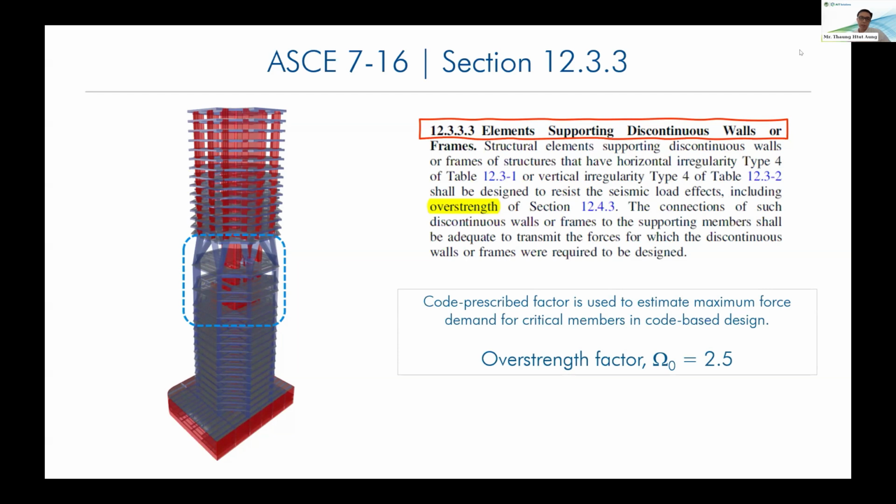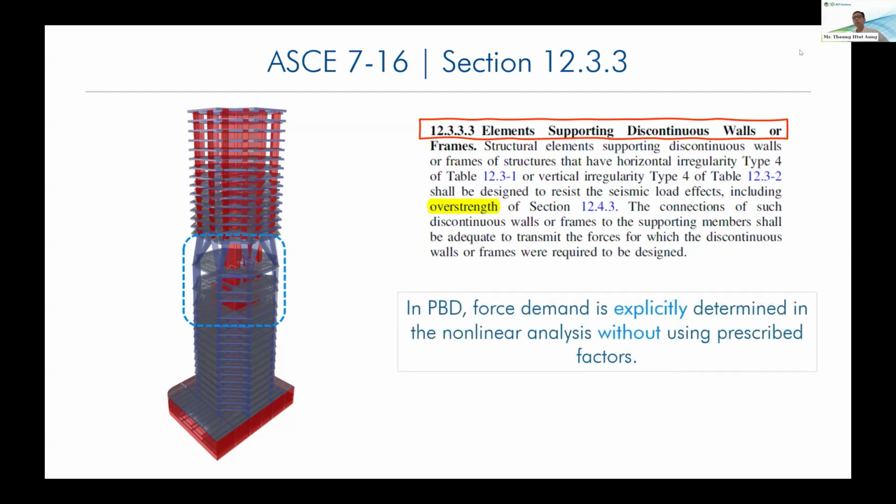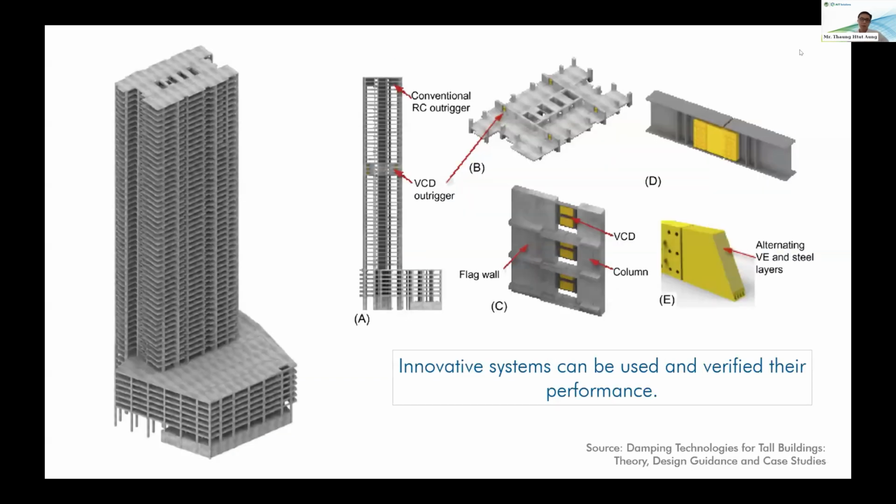If we want to design, for example, for this building system, we have the planted columns and transfer system. So we have to design those transfer systems for the maximum force demand under earthquake. If we want to do the PBD approach, in that case, we can estimate the demand forces in those transfer systems explicitly, directly from the analysis without using the prescribed overstrength factors.